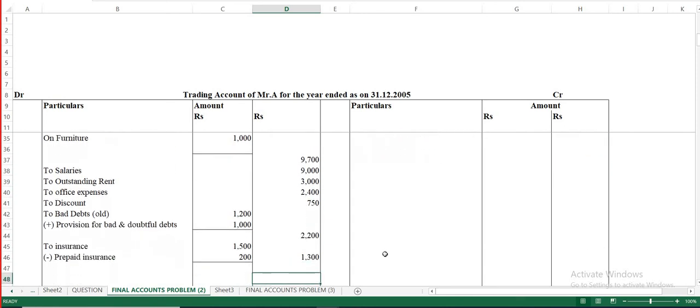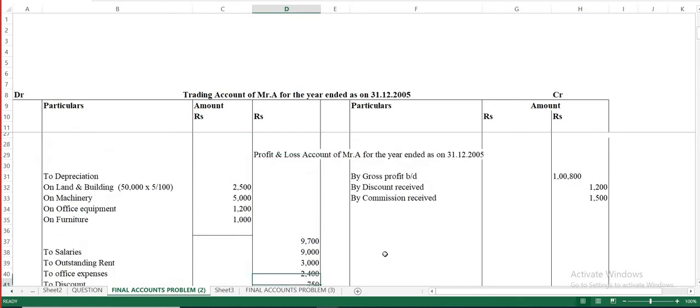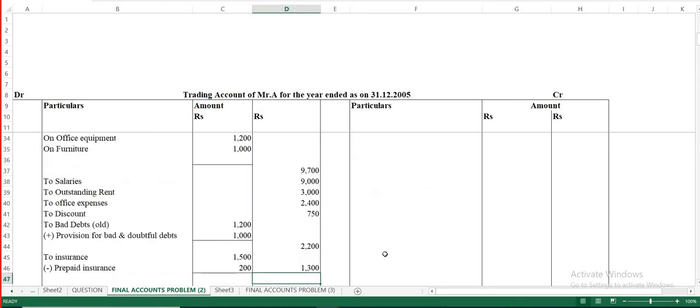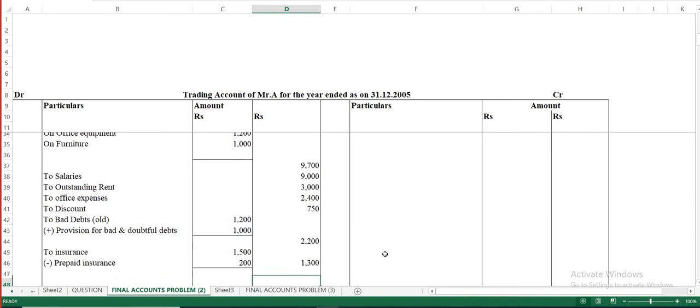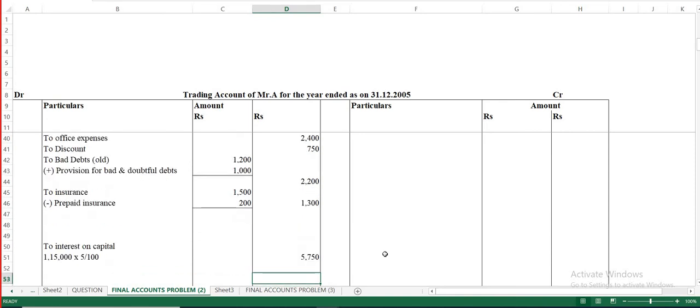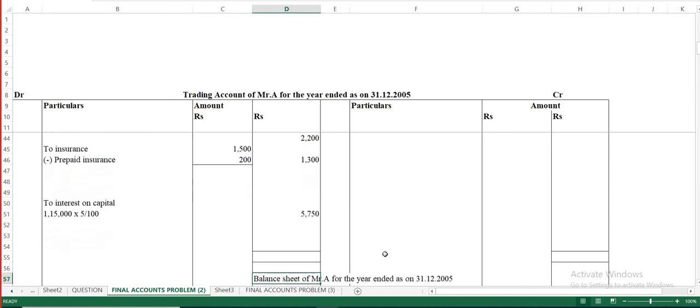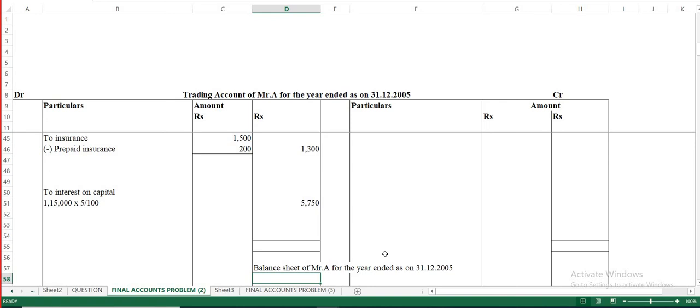Similarly on the debit side, find out 9,700 plus 9,000 plus 3,000 plus 2,400 plus 750 plus 2,200 plus 1,300 plus 5,750. Just find out how much you are getting. I am getting 34,100. You just find out.